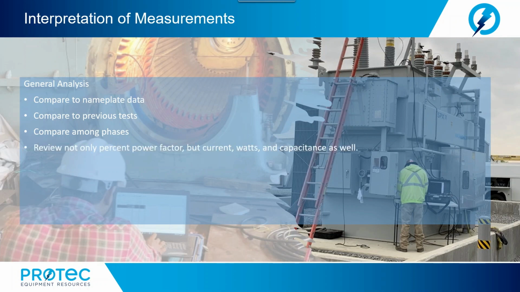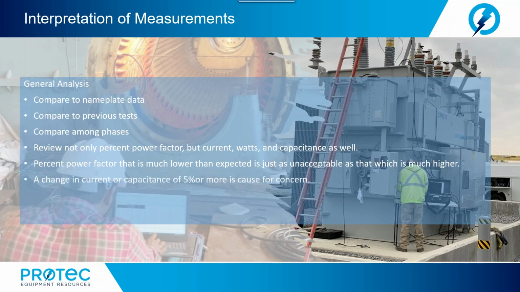We want to review not only percent power factor, but we also want to take a look at the current, the watts, and the capacitance as well. Percent power factor that is much lower than expected is just as unacceptable as that which is much higher than expected. A change in current or capacitance of 5% or more is a cause of concern.